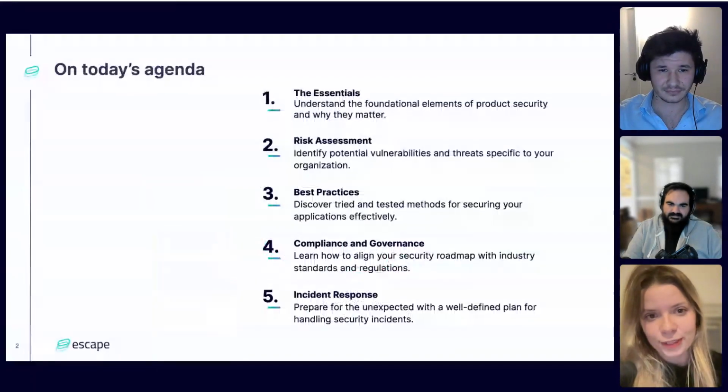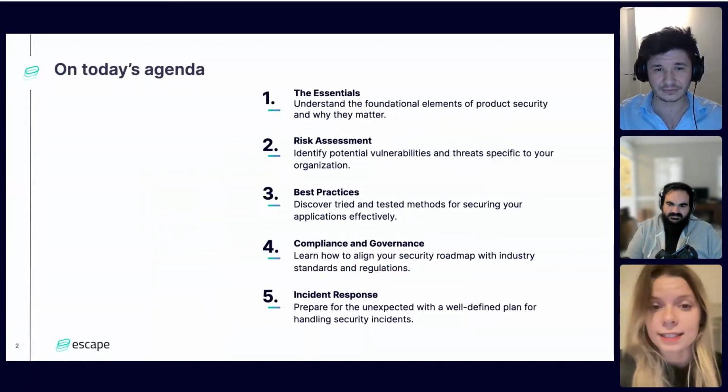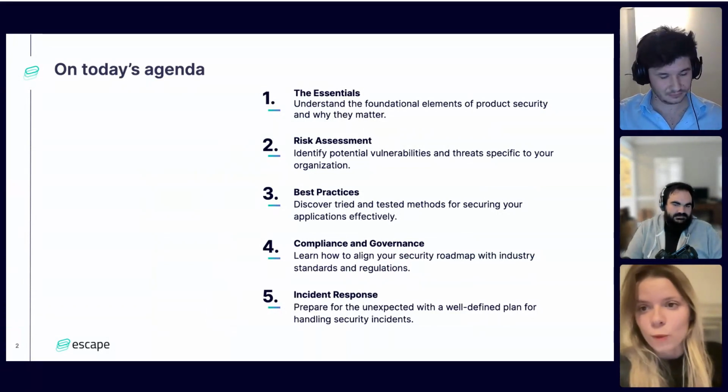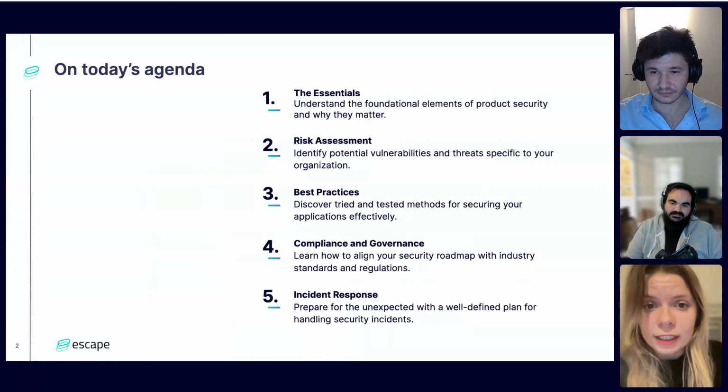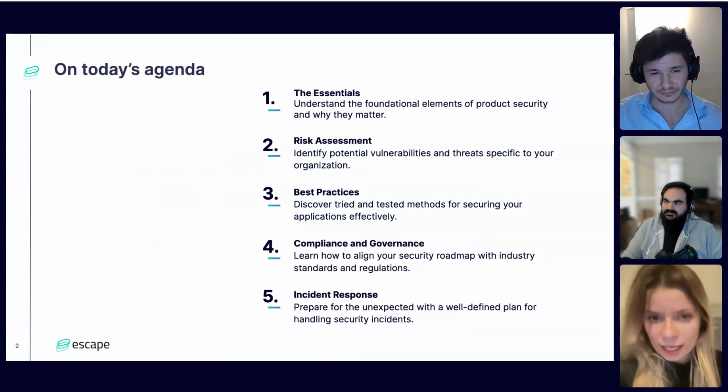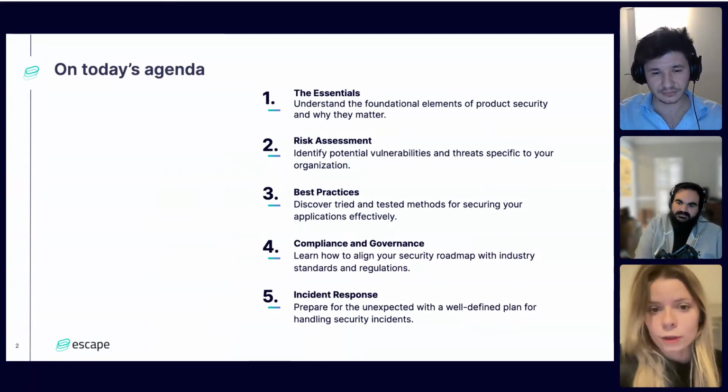Firstly, we're going to present you the essentials, so really help you understand all the foundational elements of product security and why all these elements matter. After that, we're going to show you how you can identify potential vulnerabilities and threats and tailor those specifically to your organization. Then we're going to cover all the best practices you need to secure your applications effectively.